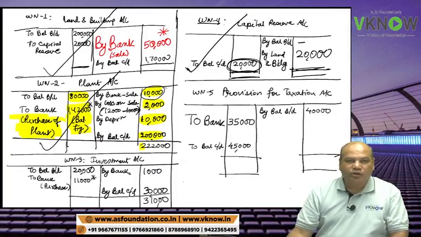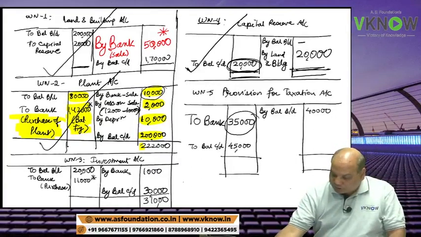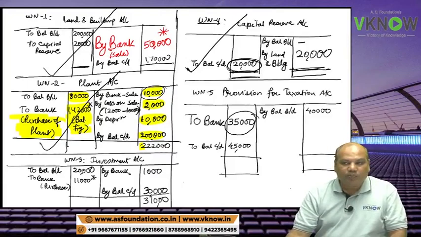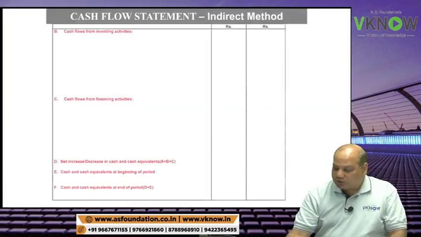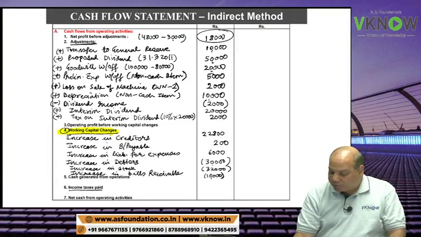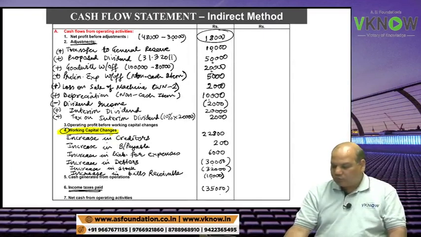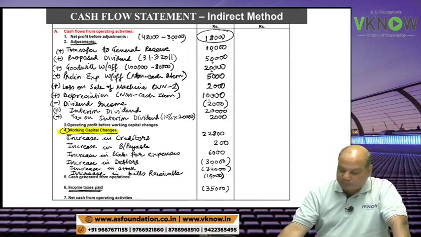So the moment you write to bank, any bank entry in working note means we also have to write it in the cash flow statement. Income tax paid, operating activity, point number 6 below. Point number 6, income tax paid in bracket 35,000. In bracket.